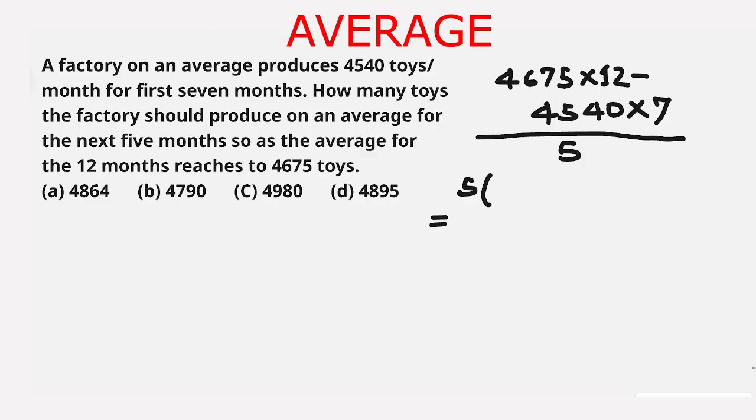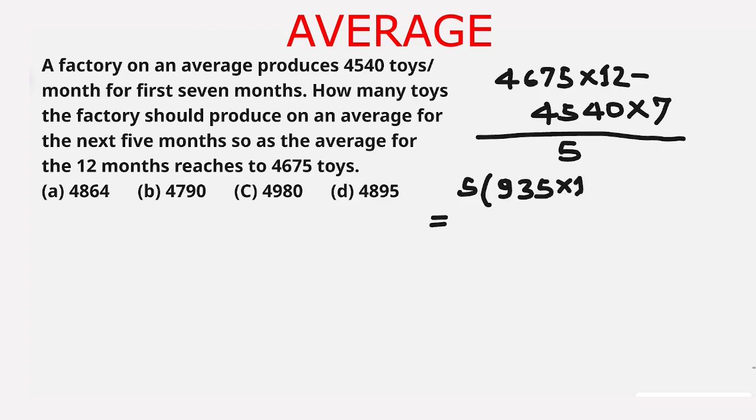4,675. 5 multiplied by 9 is 45. 46 minus 45 is 1. We carry 7. 5 divides 17 for 3 times. 17 minus 15 is 2. And 5 divides 25 for 5 times.